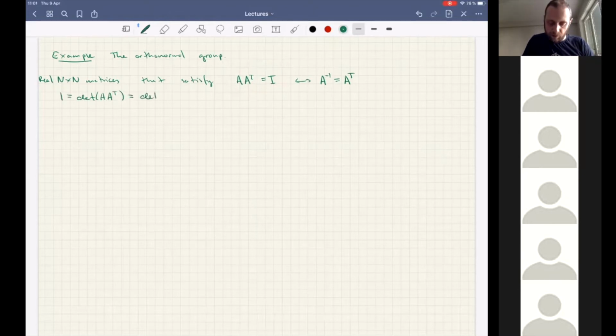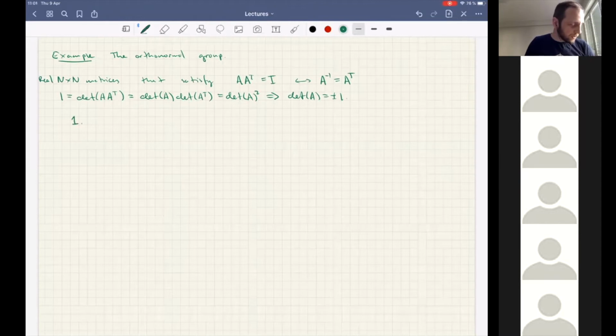But this is also equal to the determinant of A times the determinant of A transpose. But a matrix has the same determinant as its transpose, which means that the determinant of A squared is equal to 1, which means that the determinant of A is plus or minus 1. So this is also the set of all real n by n matrices with determinant plus or minus 1.